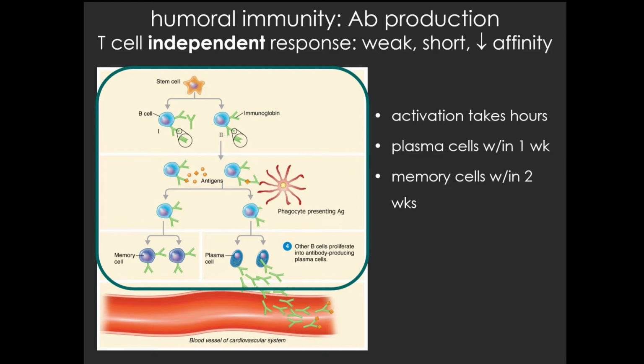So here is a picture from your textbook that shows what activation of B cells looks like. And this particular kind of activation is called T cell independent B cell activation. And the thing to remember about T cell independent B cell activation is that it's weak, it's short-lived, and it has a low affinity for antigen, relatively speaking.